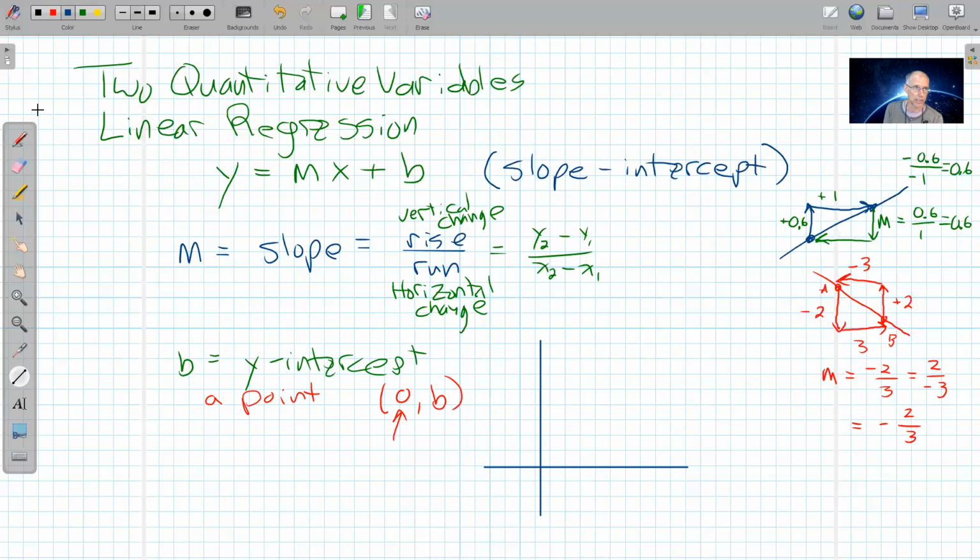We have a line that does something like that. The y-intercept is that point right there. On the y-axis, you haven't gone left nor right as far as x is concerned. So that point is 0 for x, whatever b is for y. So it's a point, although when we talk about it later in a specific problem, we just write the number b, for y, where x is 0. And often the y-intercept, we interpret as a starting or initial value.